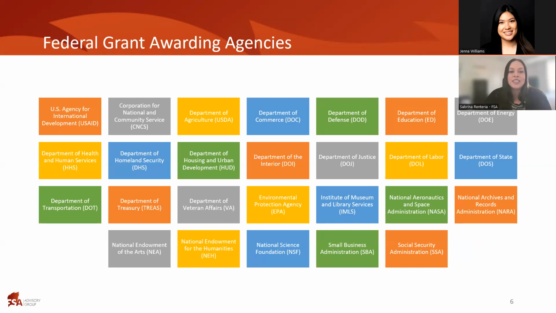There are 26 federal grant awarding agencies, a lot to keep up with. We'll talk a lot about Grants.gov, how we best utilize that. But quickly, Congress and the president really determine national grant funding priorities. So Congress enacts original authorizing legislation for financial assistance programs. Then the money to fund those assistance programs comes from those annual appropriations acts, which arise within the federal budget cycle.